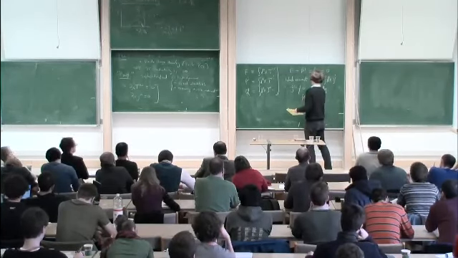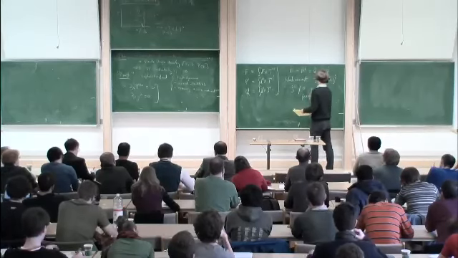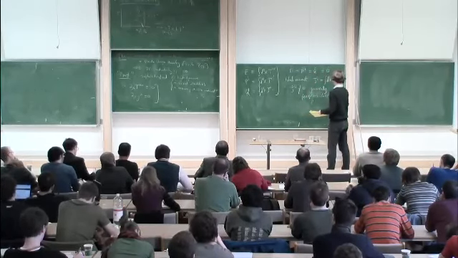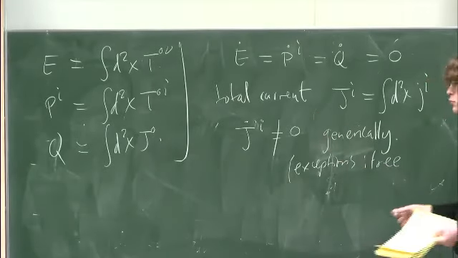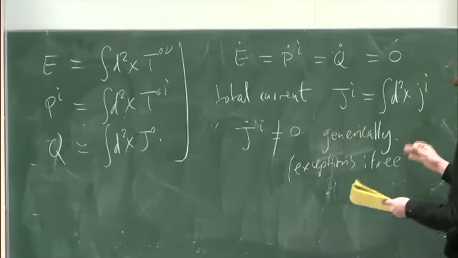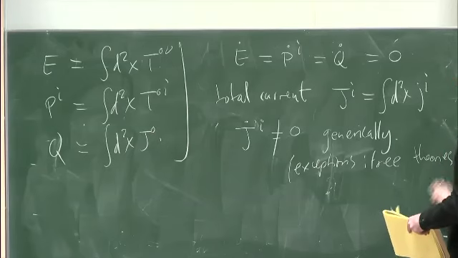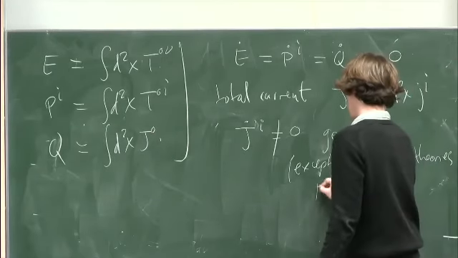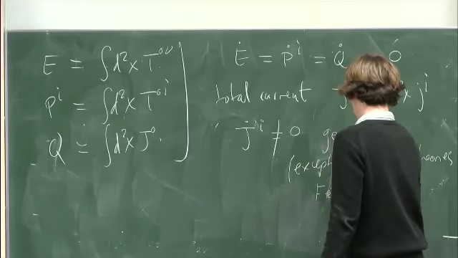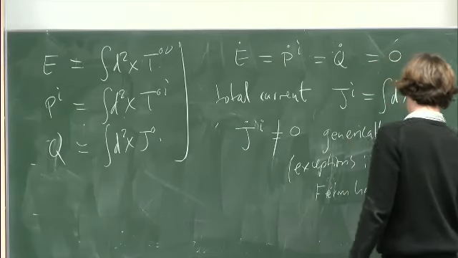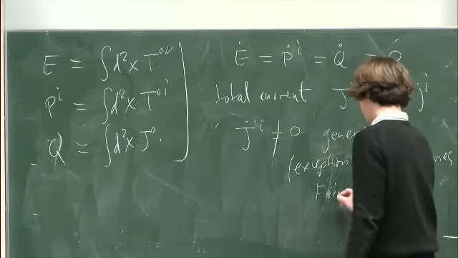Exceptions include some free theories, where basically J is the same as P, and actually also Fermi liquid theory, to leading order at low energies, and if you have a convex Fermi surface.